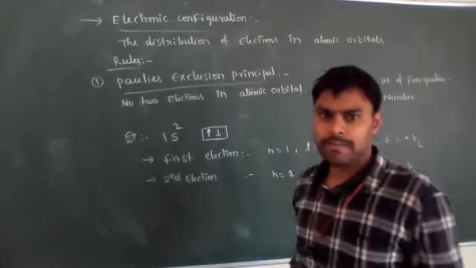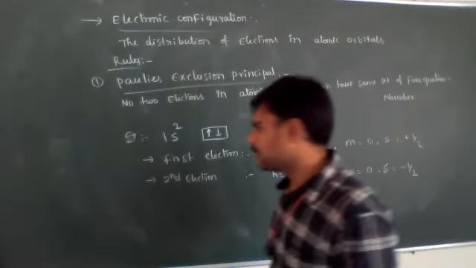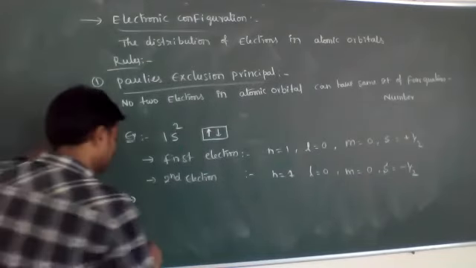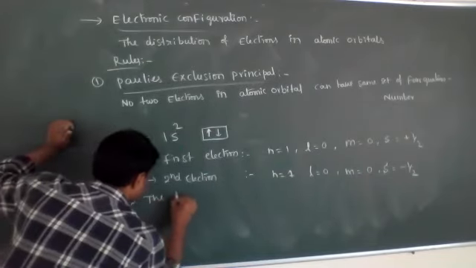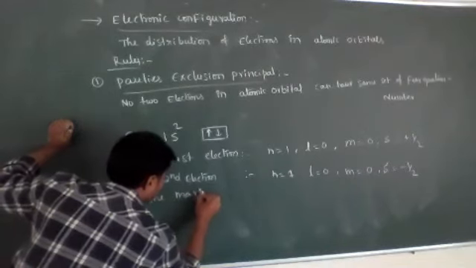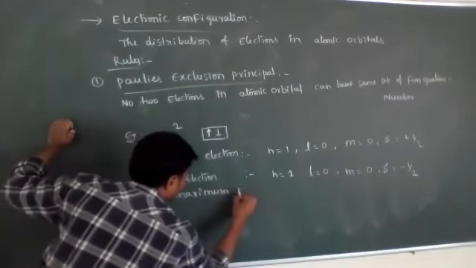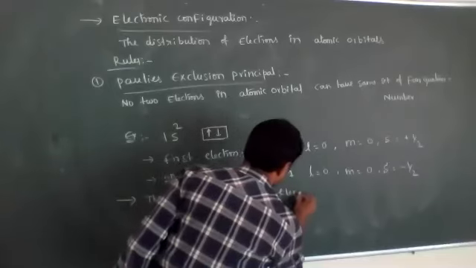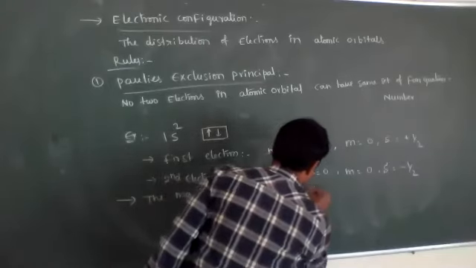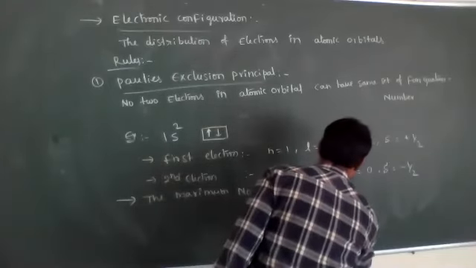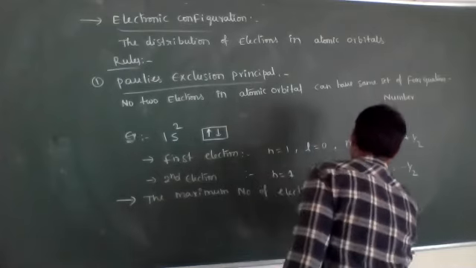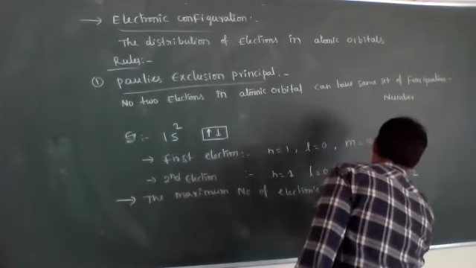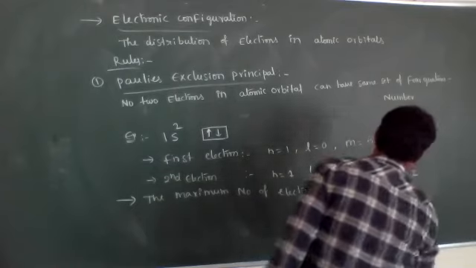According to this Pauli's exclusion principle, he concluded that the maximum number of electrons in one orbital is equal to 2.